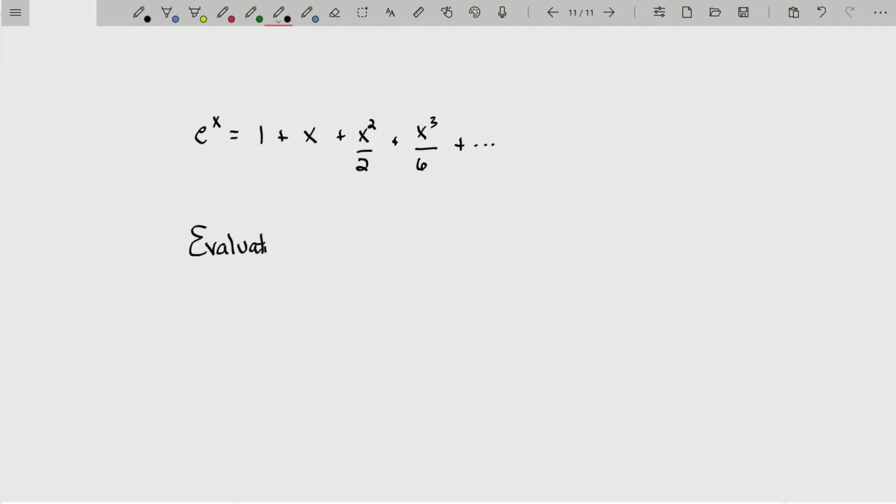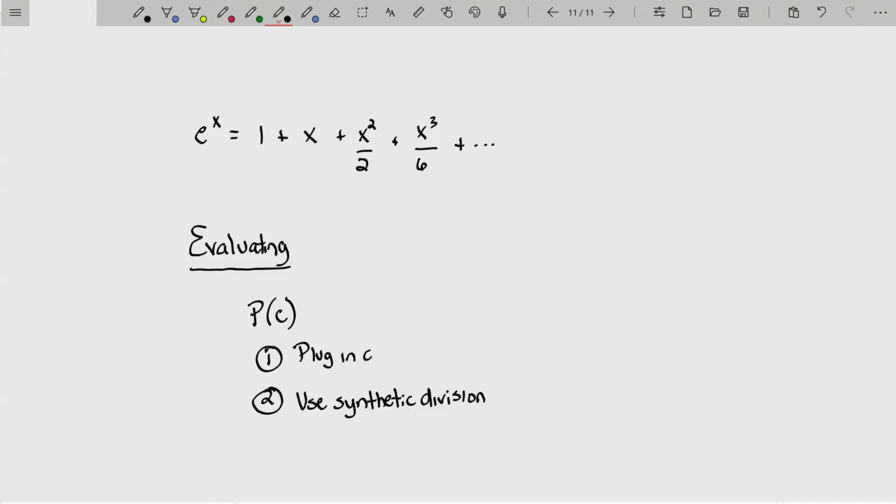If I hand you a polynomial and I say, I want you to evaluate this polynomial, so if your ultimate goal is only to evaluate a polynomial, let's say at C, well, then you can either, 1, plug in the number C to the polynomial, which is fine, but it ends up being a bit of a tough method if you have a large polynomial.